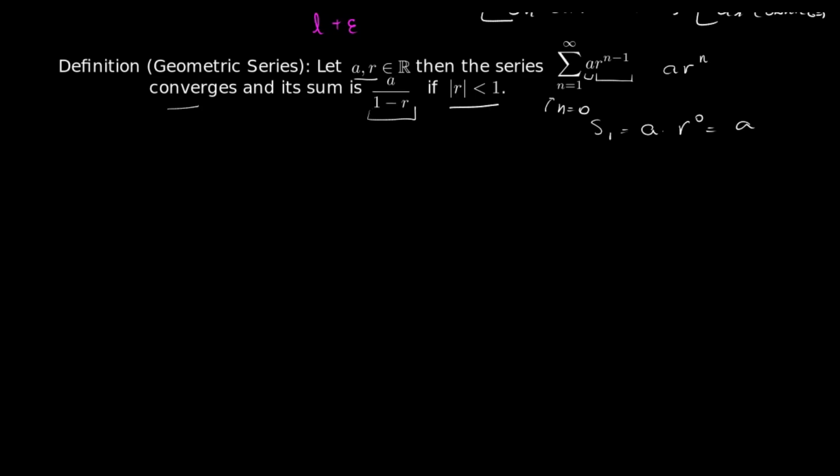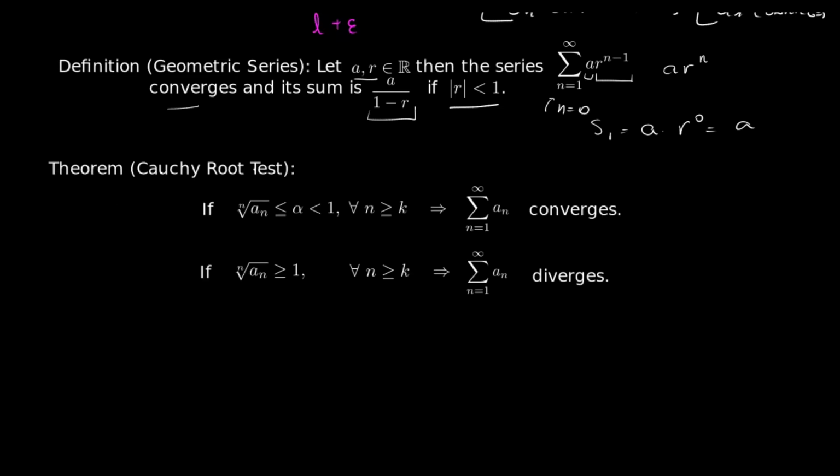Now that we've defined geometric series, let's try and prove the next theorem. This is another test we can use in solving exercises, and it says that if I take the nth root of the nth element in our sequence, and this root is smaller than 1 for every n greater than some natural number k, then our series will converge.